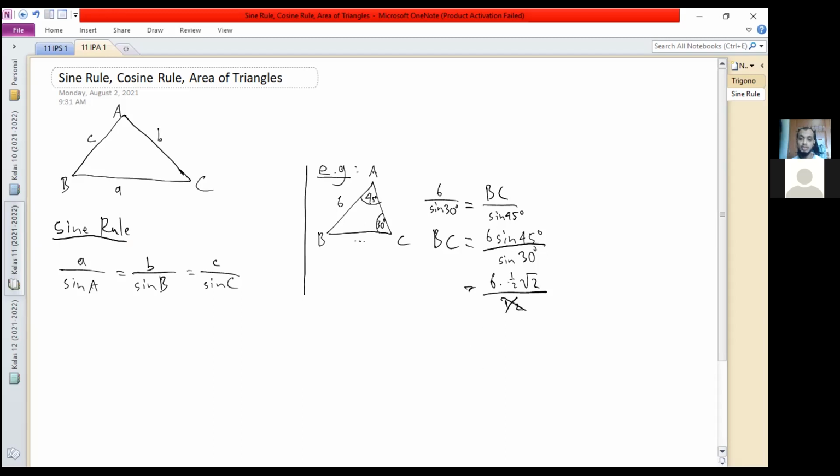We can cancel out the 1/2, and we get the length of 6 square root of 2.